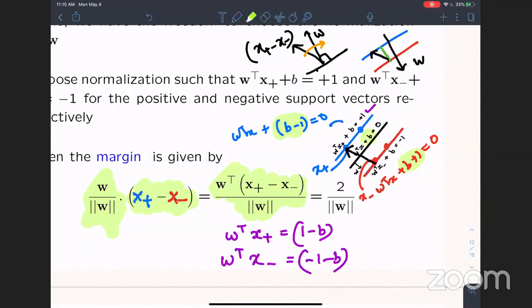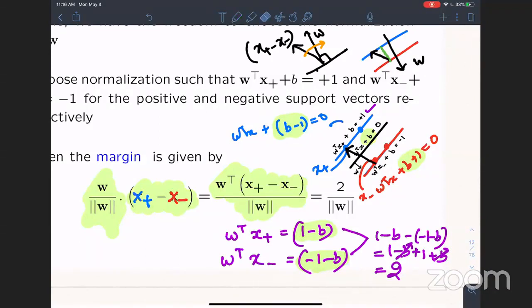So I'm going to subtract these two quantities: 1 minus B minus (minus 1 minus B), which would give me 1 minus B plus 1 plus B. Minus B gets cancelled, 1 plus 1 is 2. So the numerator is 2.